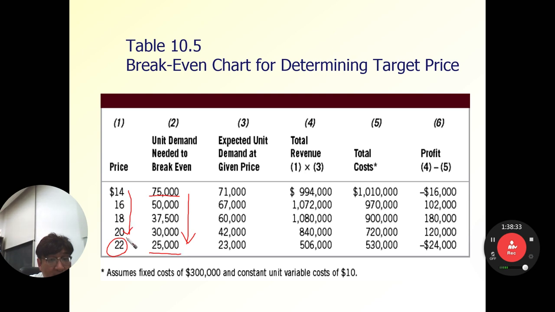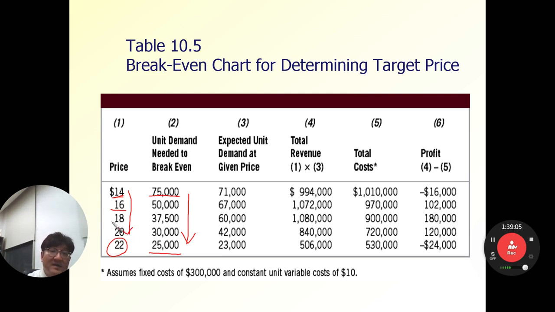When we increase the price, the third column is the expected demand at a given price level, which means that when we set the price at $14, the expected demand is going to be 71,000. When we increase the price by $2 to $16, the demand decreases a little bit to 67,000 units.